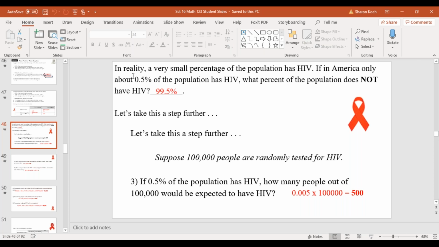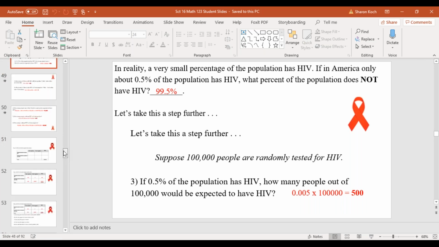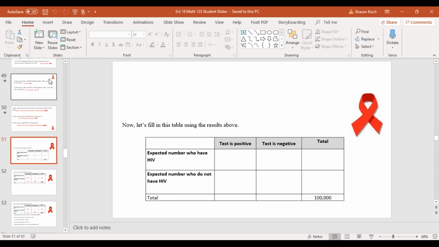Okay, so we really need to understand these percentages of people who would or would not have the disease. Because now we're going to finish filling in a probability table based on 100,000 people selected at random. The questions right before this are what's going to go into the probability table.